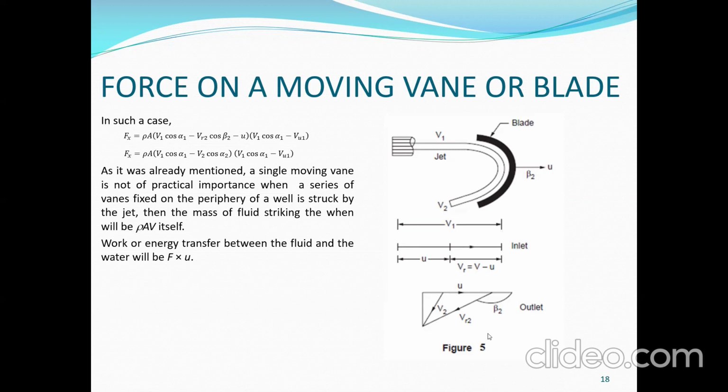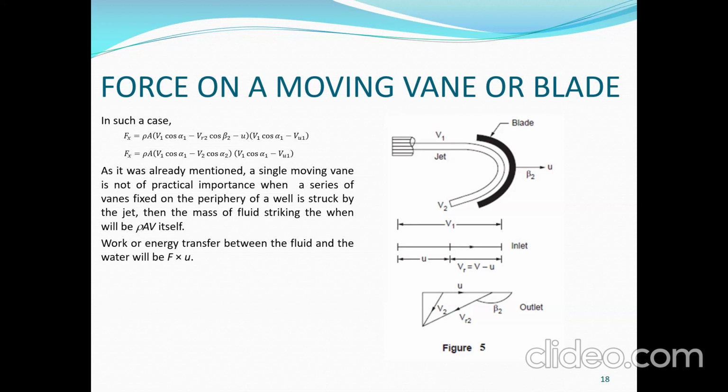So, as it was already mentioned, a single moving blade is not of practical importance when a series of vanes fixed on the periphery of a wheel is struck by the jet. So, then the mass of fluid striking will be rho A V1 itself.